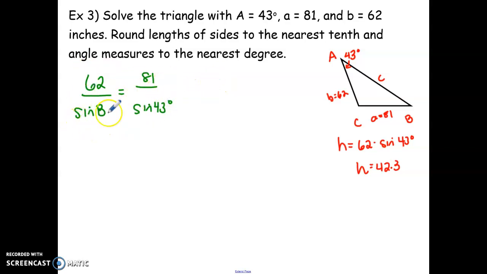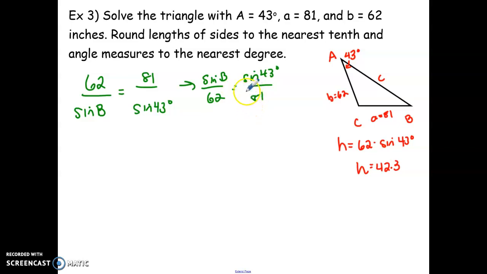And when I solve this one, I need to multiply by the reciprocal on the other side. You can flip those if it makes it easier to solve. So sine of B over 62 equals sine of 43 degrees over 81.